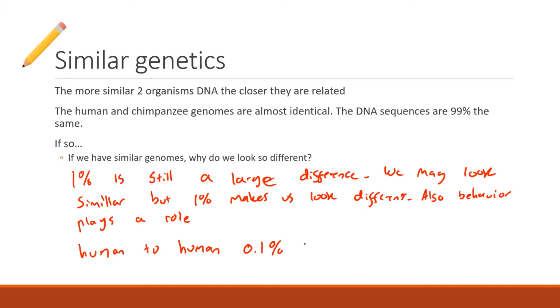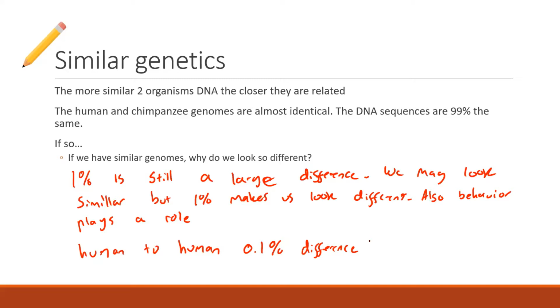So if you take someone like, let's take Kevin, and compare Kevin to someone like Lena, these two people look very, very different. Even though they look different, their DNA is only different by 0.1%.